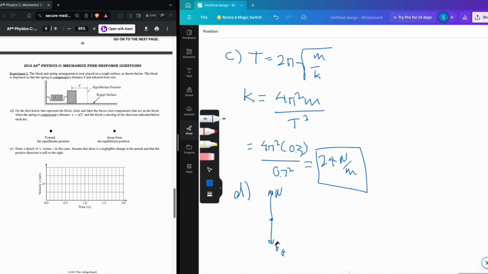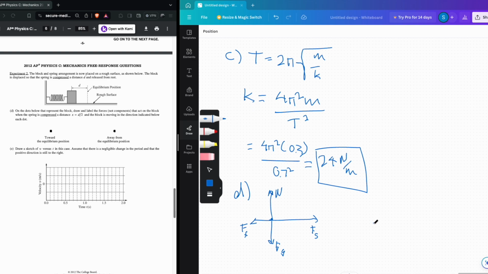We would also have friction pointing this way, and the spring force, which would be pulling it in the opposite direction. It would be much longer because the block is actually moving in that direction.